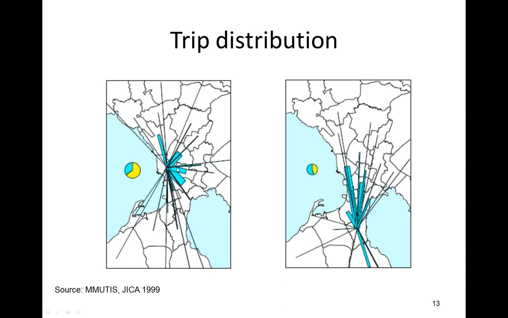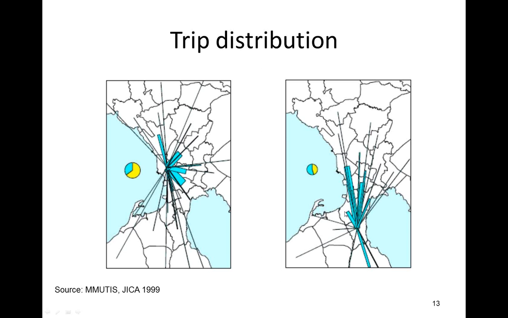But there's another consideration, which is the generalized cost of going to a particular destination. For example, on the right-hand side here, you see somewhere in the suburbs that even though it takes a long distance to go to the CBD, more people actually go there because there are fewer available jobs in the area.